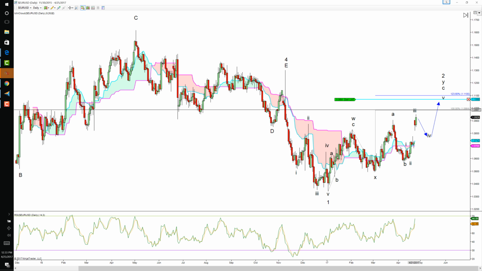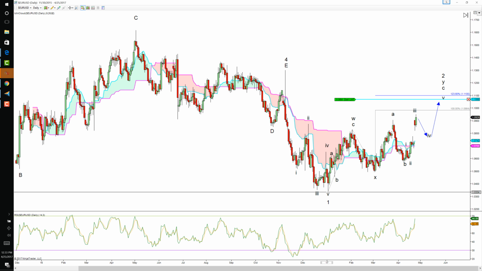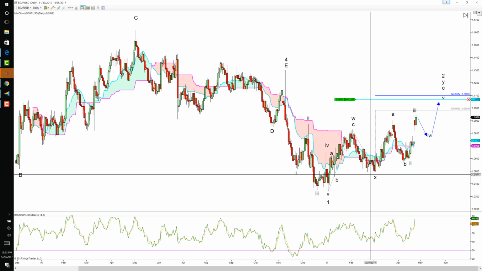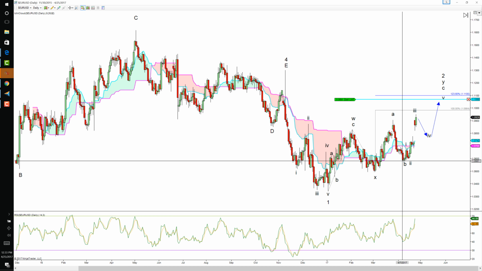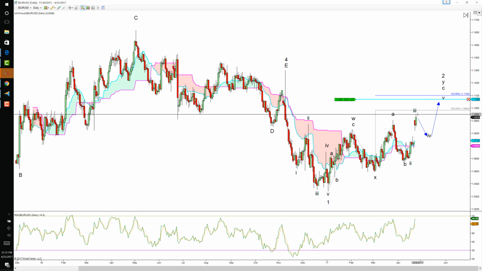Then I would change my labels, and my 1 would go here, this will be my A, this will be my B where my 1 is, and now you have an ending diagonal, which will be 1, 2, 3, 4, 5, which is already a perfect measurement.